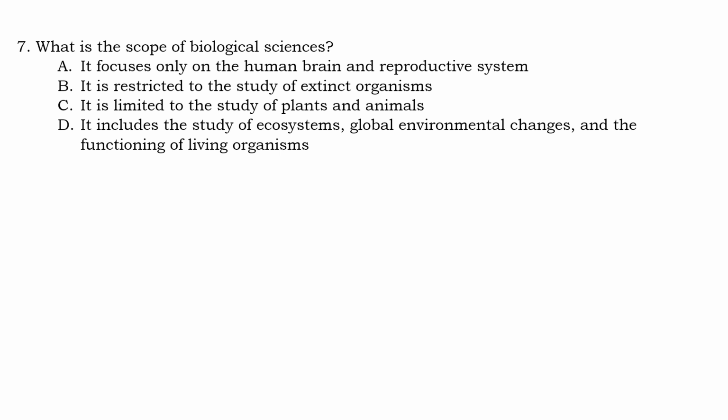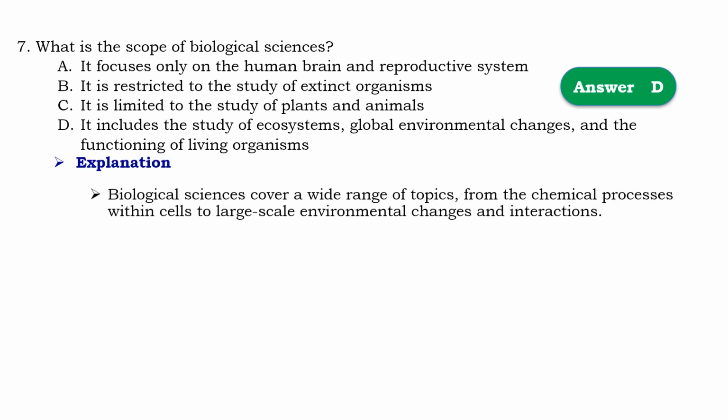Question number 7: what is the scope of biological science? So that should be D. It encompasses the study of ecosystems, global environmental changes, and the function of living organisms.